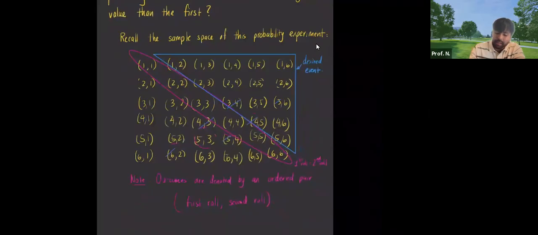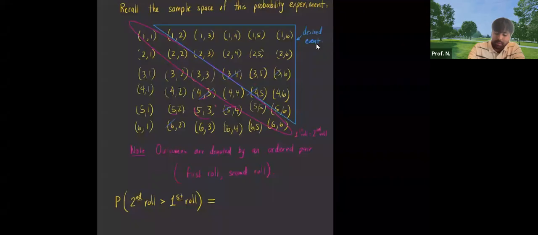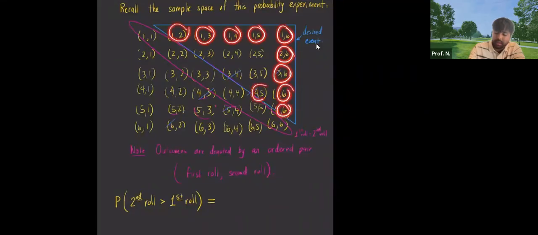The probability that this happens is the probability that the second row is bigger than the first row. Well, just count. How many do I have? 1, 2, 3, 4, 5, 6, 7, 8, 9, 10, 11, 12, 13, 14, 15.